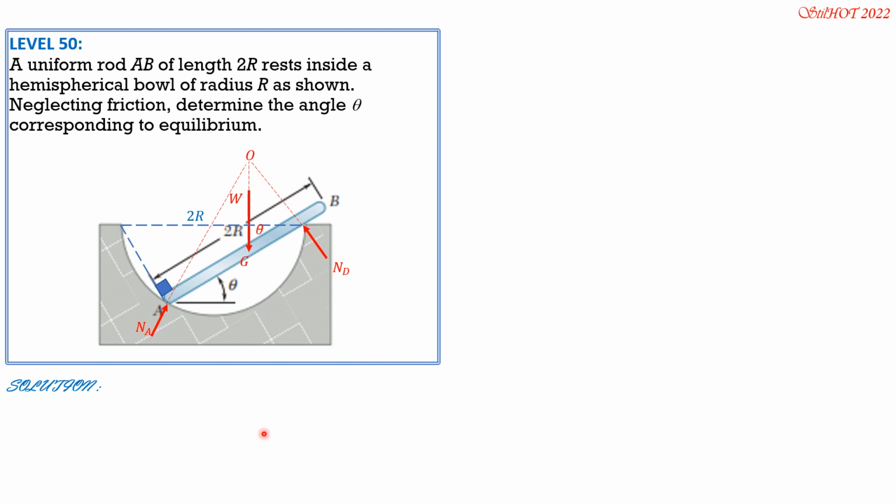The triangle closes. So this is also theta, the angle between this rod and the horizontal, which is given here. Since from A to this point the angle of inclination is theta, the angle between the vertical and the normal to the inclined plane is also theta. Remember that.